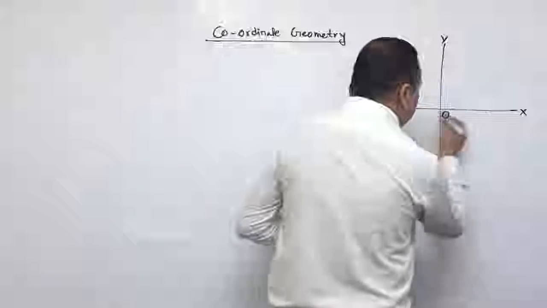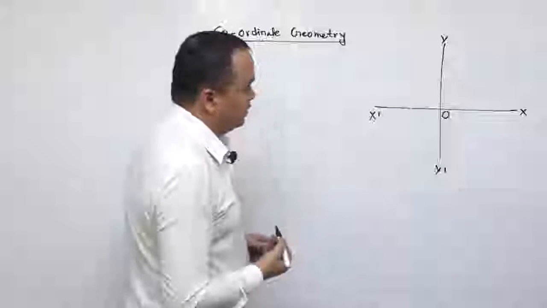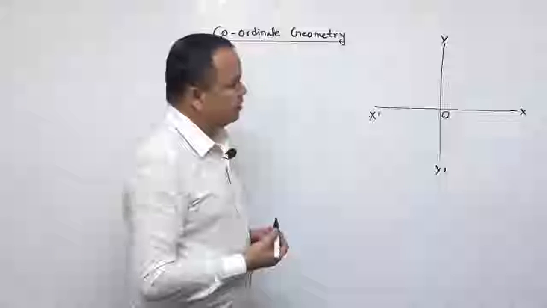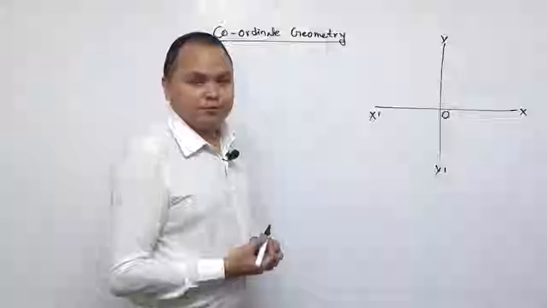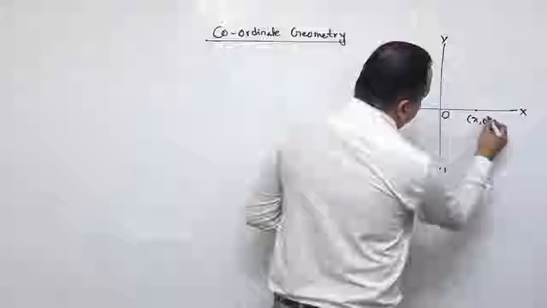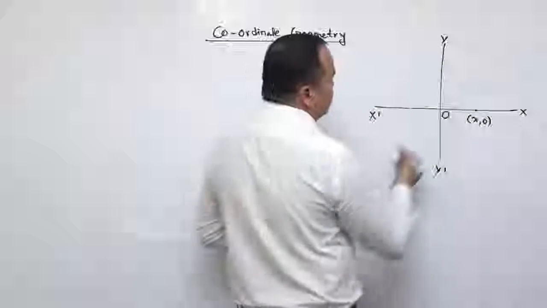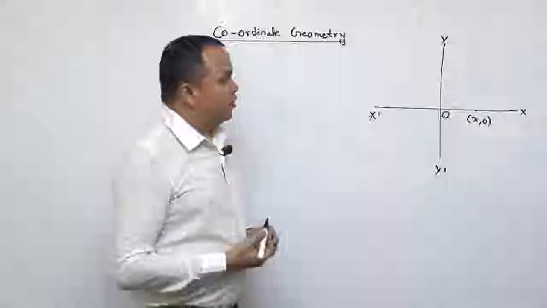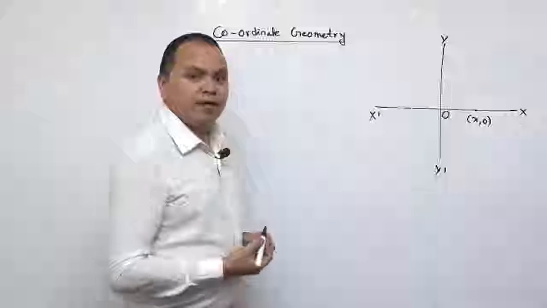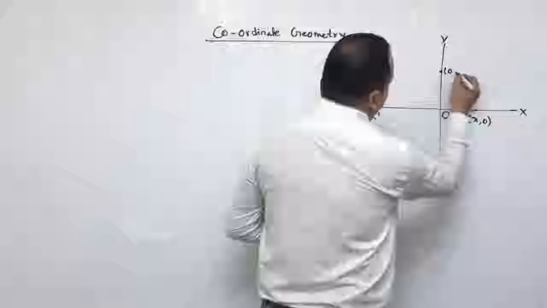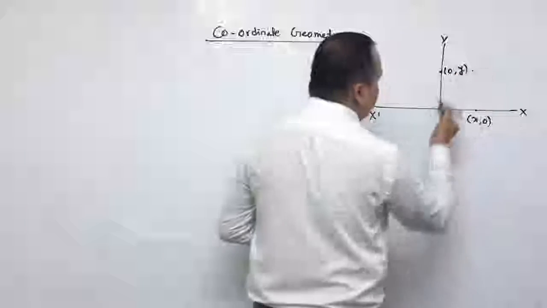Here on the x-axis, at each and every point on the x-axis, the value of y is 0, like (x, 0). Similarly, at each and every point on the y-axis, the value of x is 0, like (0, y).